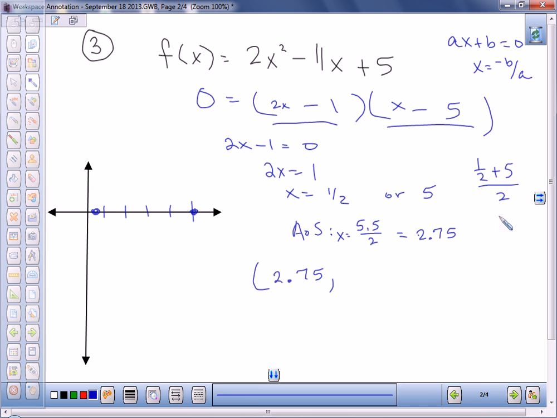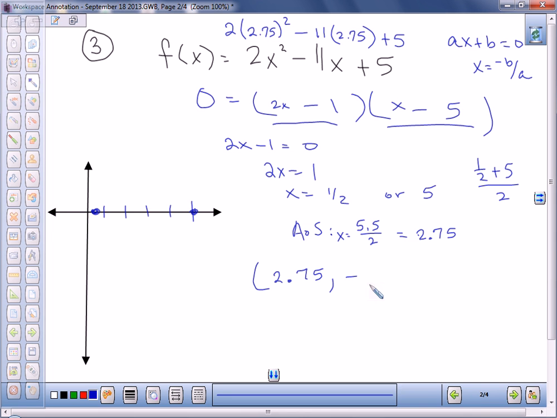Okay, so now we have to put this in. You want to put it here or you want to put it up here? Doesn't really matter. If we're doing it up here, then you get your calculator out and you punch it in, because that makes life a lot easier. Negative 10.125, yes.